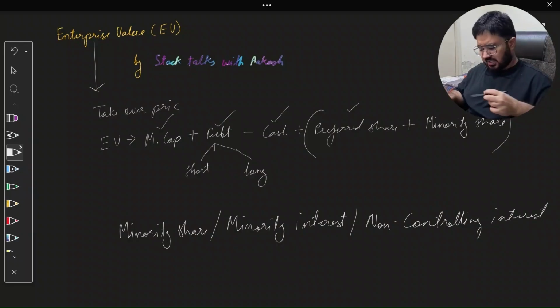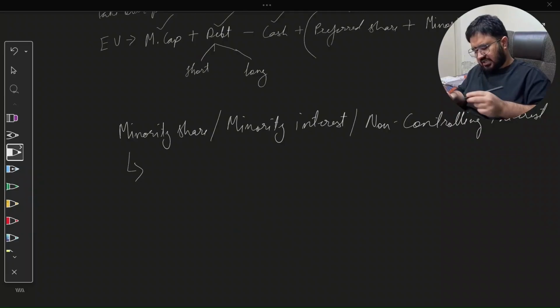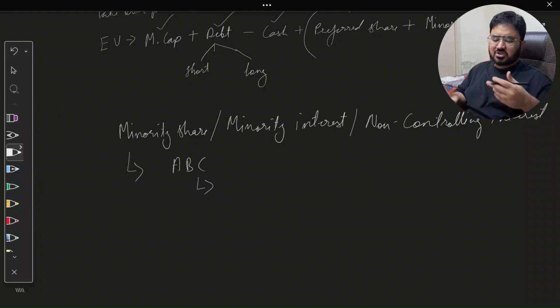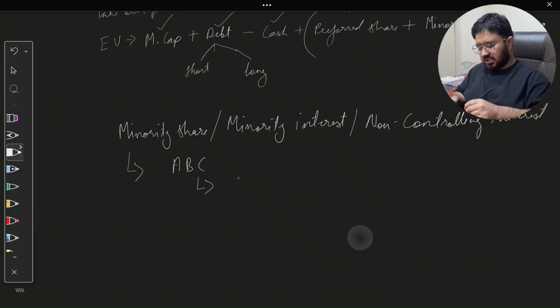It's also known as, let's take a hypothetical example. Let's say you are calculating the enterprise value of company ABC, and it has a majority stake in company XYZ. Let's say 60% of company XYZ.